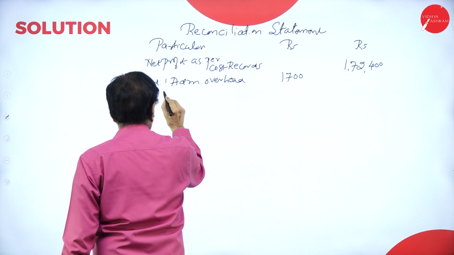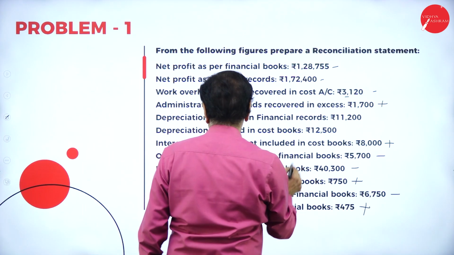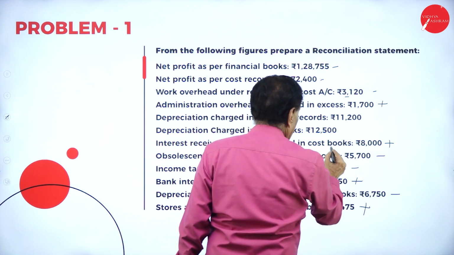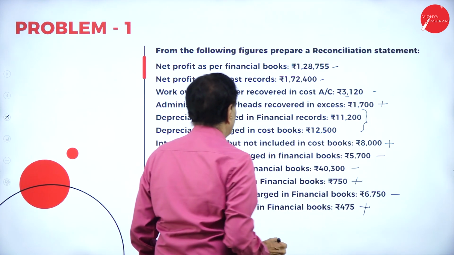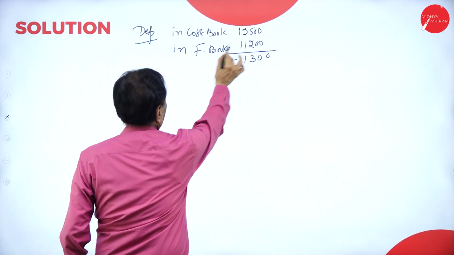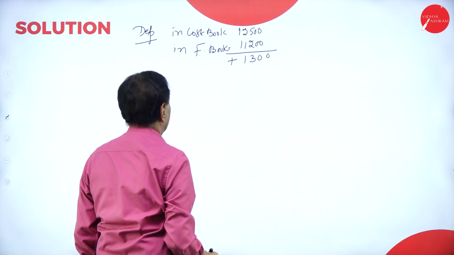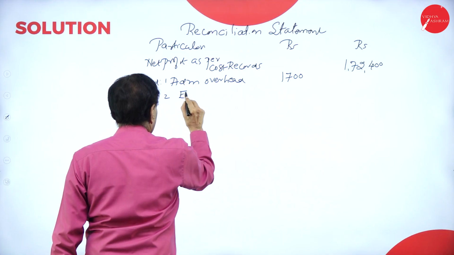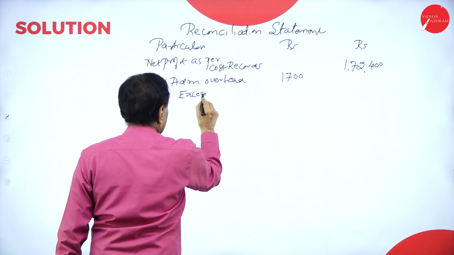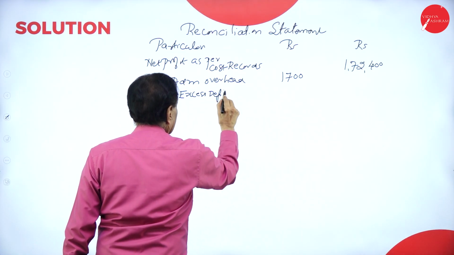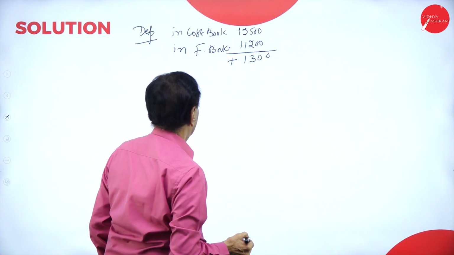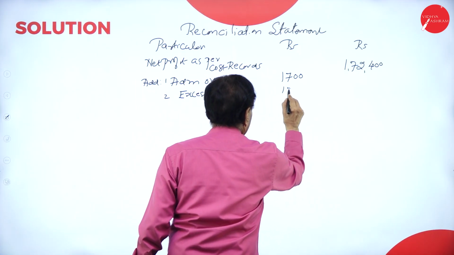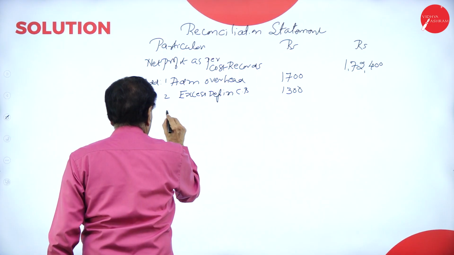This is number 1, 2. Then depreciation charge in financial account, depreciation charge here. In the working note, we have done cost book, financial, 1,300. So excess depreciation in cost book, 1,300. Number 3.